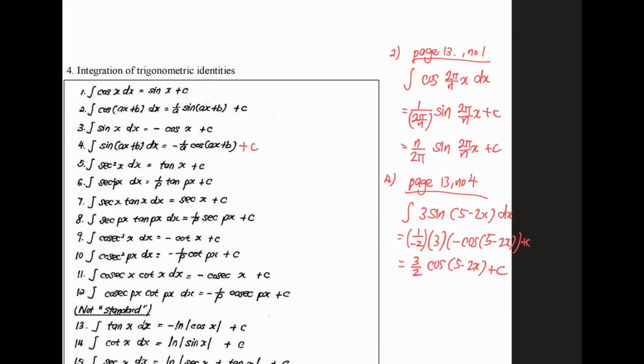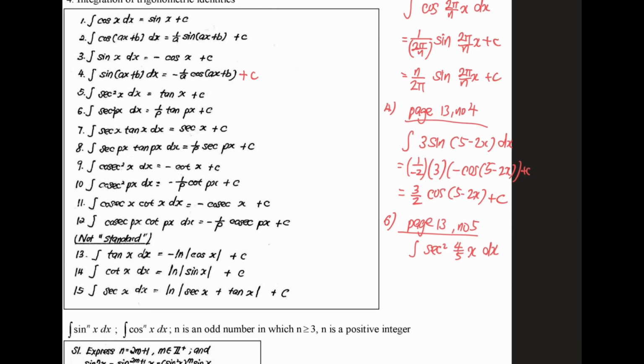For formula number 6, we can refer to page 13, question 5. So integrate secant square(4/5 x) dx. First we differentiate the angle, we get 4/5, so we divide by 4/5. Secant square you integrate, you get tangent.